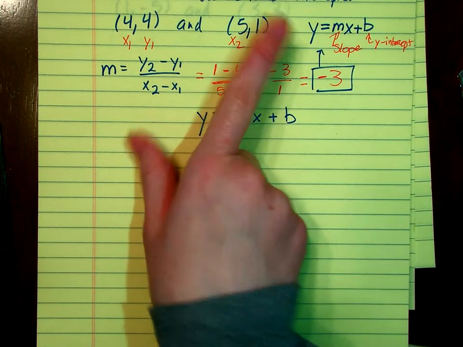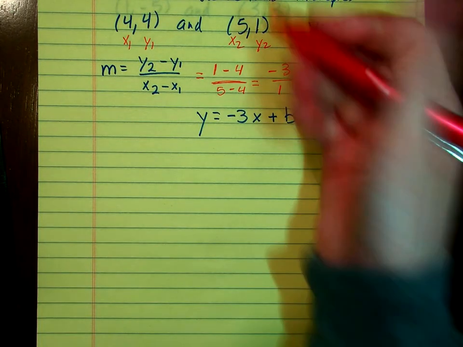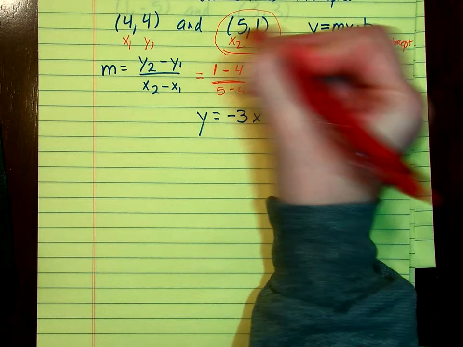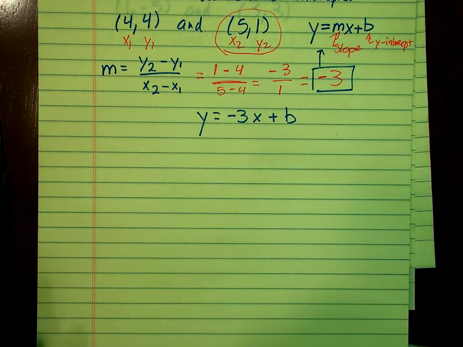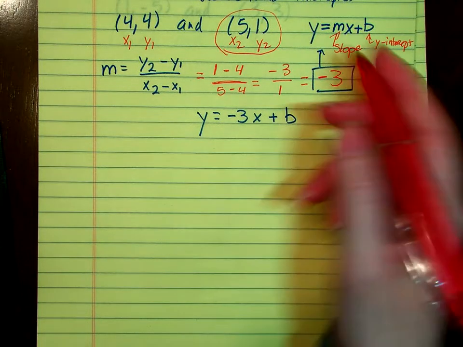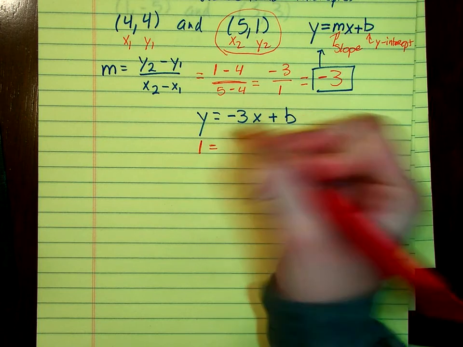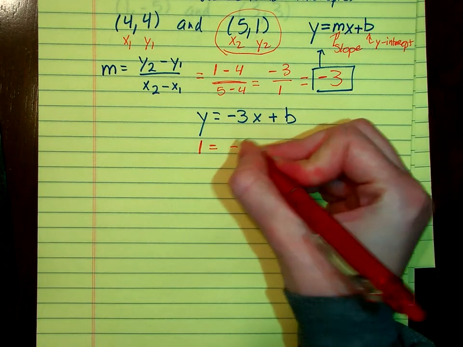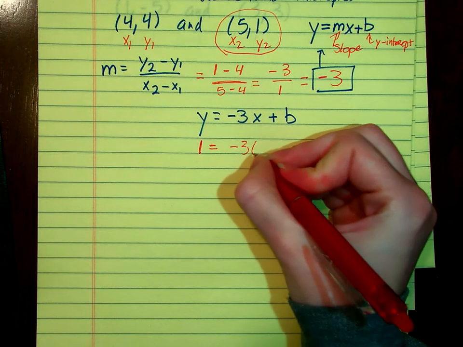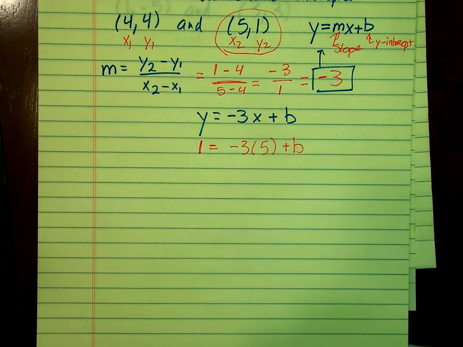Absolutely. So let's go ahead and plug in one of our points. I'm going to choose to go ahead and plug in x2, y2. It doesn't matter which one you do. I'm just doing this for instructional purposes because the x's and the y's are actually different. So let's plug in: our y on our line equals -3 times its x plus b.